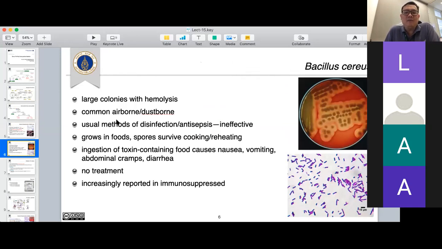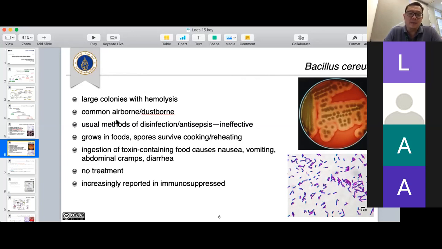Let's see the colony of Bacillus cereus on blood agar, okay? This is a large colony. Compared to all the gram-positive bacteria you learned before, which produce tiny colonies, cereus is so large. They produce beta hemolysis, okay?